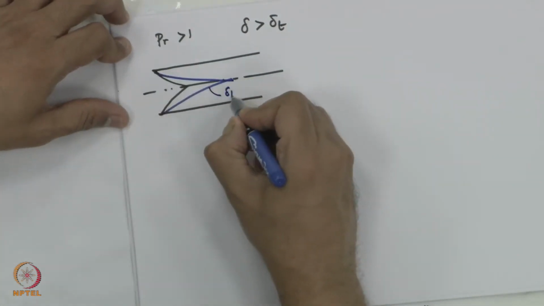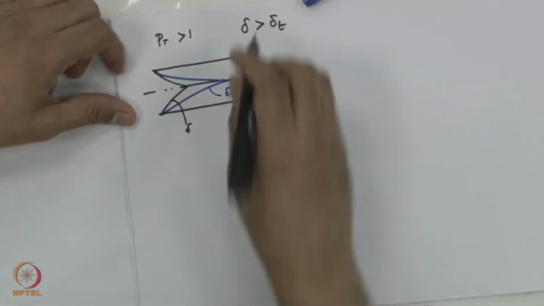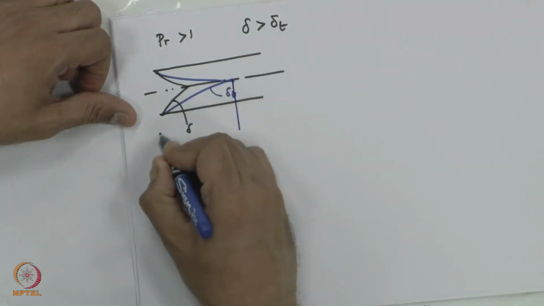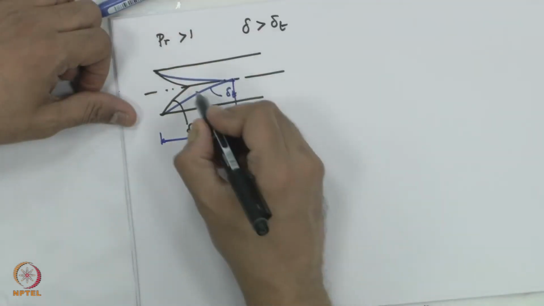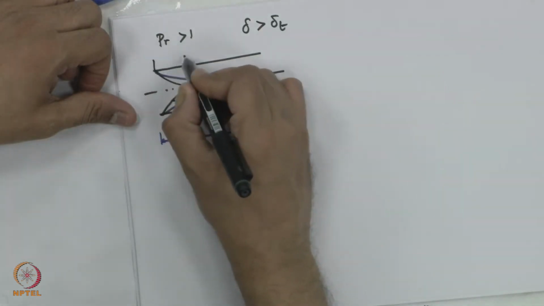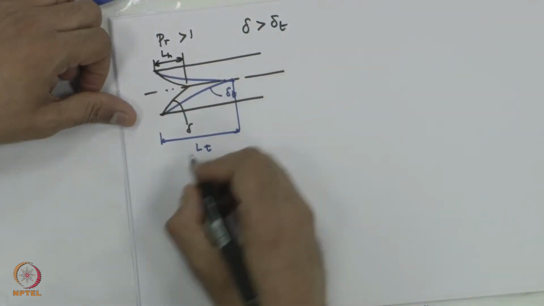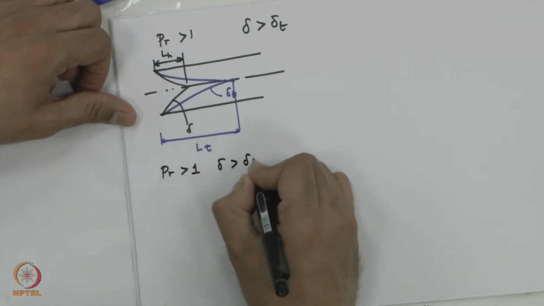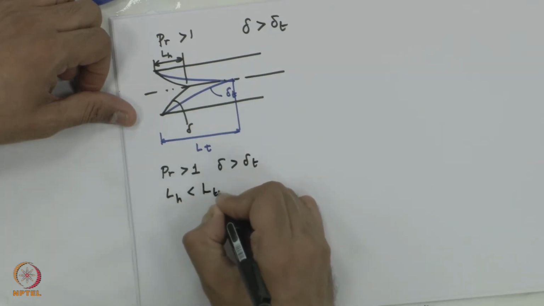This purple is delta T, the black is delta. The hydrodynamic entrance length was here, the thermal entrance length is here. Hydrodynamic entrance length was here. So, Prandtl number greater than 1, delta greater than delta T, L hydrodynamic less than L thermal.